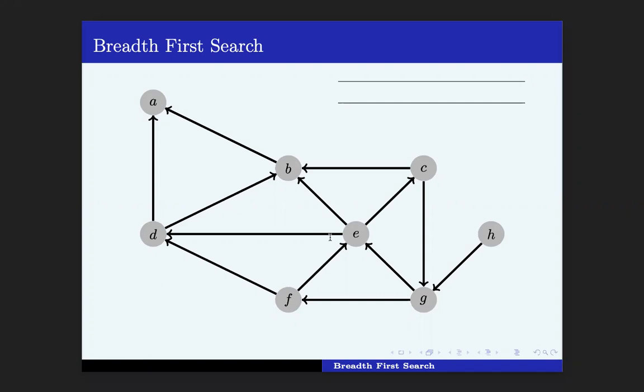Because we are not revisiting any vertex, so there is no cycle formed. This is the first time we are visiting a vertex, so that set of edges is a spanning tree.